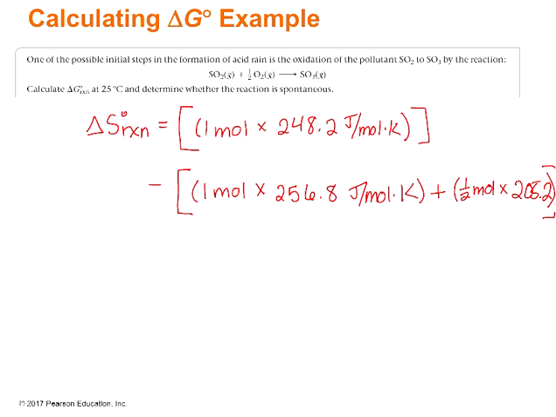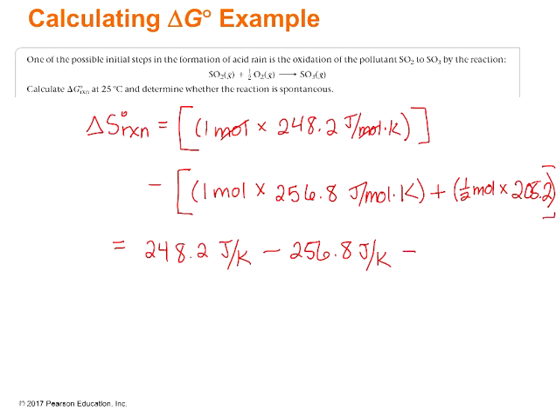Okay, so if we put that all together, let's just simplify all of this. So we have 248.2 joules per Kelvin, because moles will cancel. And then we're subtracting 256.8 joules per Kelvin.